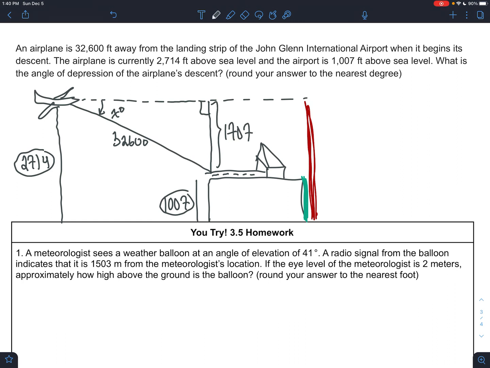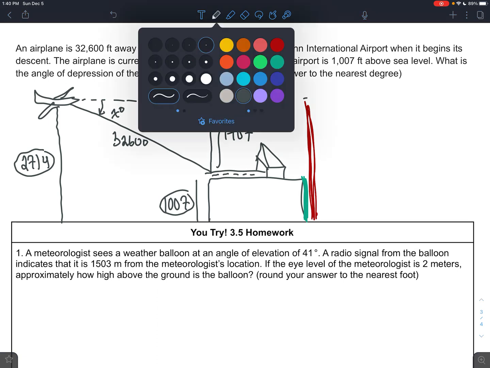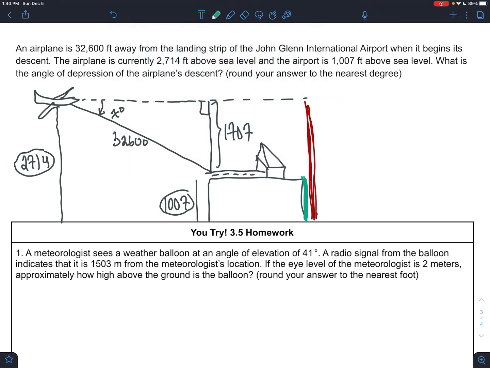So, in other words, just subtract those two numbers and you'll get the height of that triangle. So big stick minus little stick equals 1707.